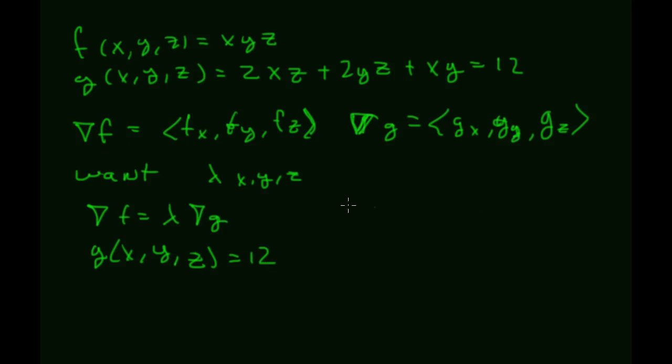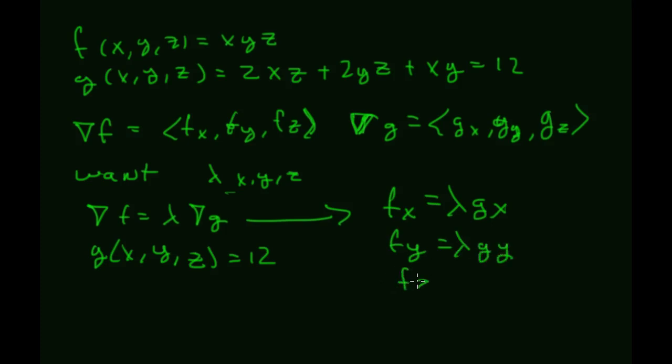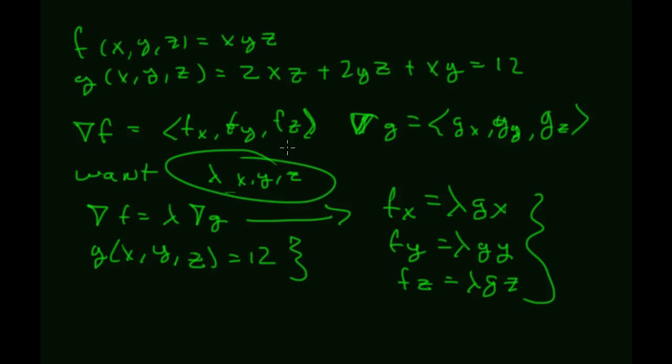Another way of saying this is that I need fx to equal lambda gx, fy to equal lambda gy, and fz to equal lambda gz. So this is like a system of 4 equations with 4 variables, which should have a solution. Let's see if we can find it.